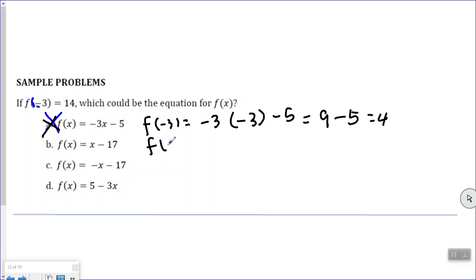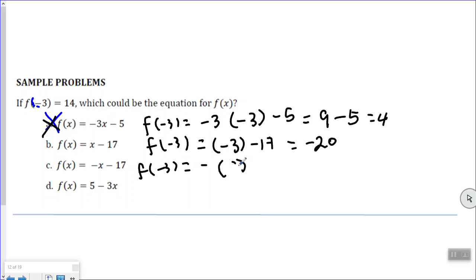Now for the next one, plug in negative 3 for x: negative 3 minus 17 is negative 20. Next, f of negative 3 equals negative, in parentheses, negative 3 minus 7. The negative becomes positive, 3 minus 7, which is negative 14.